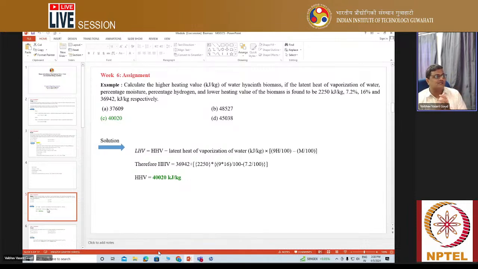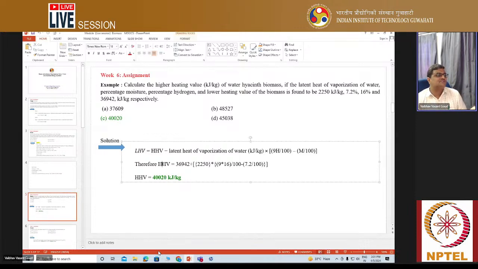And there is another example which we asked to calculate in the assignment, which is the high heating value of the biomass. For any specific biomass, we can calculate the high heating value. There is nothing specific about it. The latent heat of vaporization of water is given, the percentage of moisture and the percentage of hydrogen are given in the example, as well as the low heating value of the specific biomass. So you can easily calculate the high heating value, because you just have to replace the values in this equation.